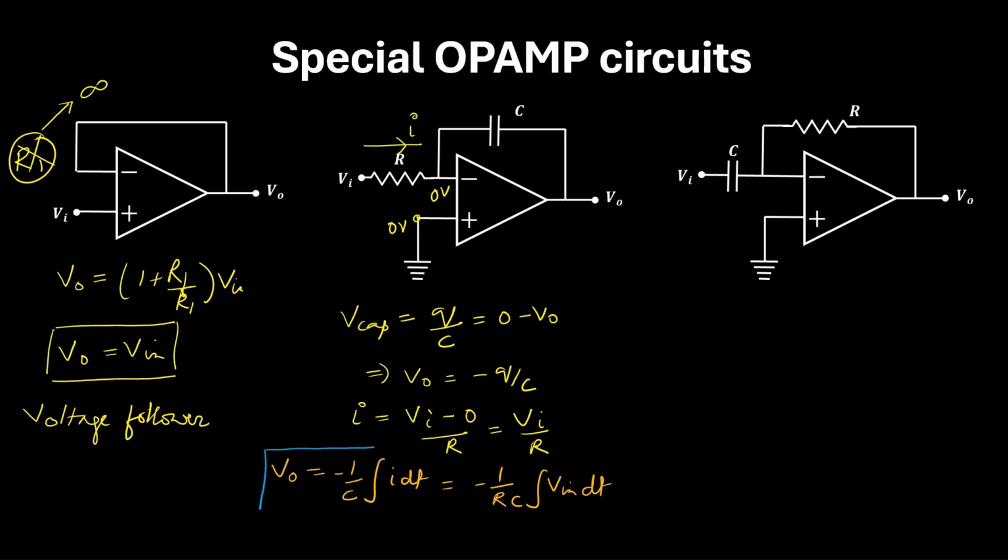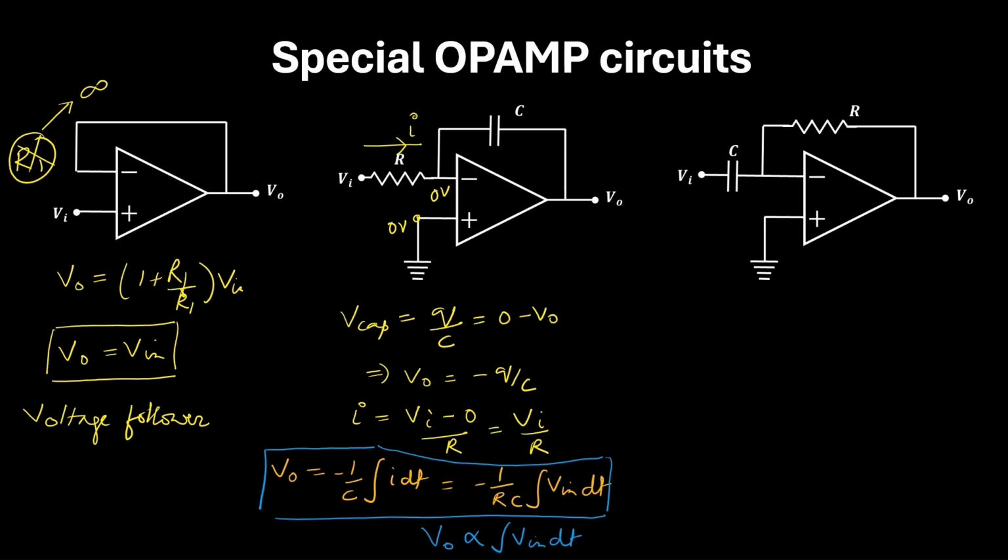Now, if we see this formula, we can say that V naught, that is the output, is directly proportional to the integration of the input. So this is basically an integrator circuit. The output will be given by the integration of the input. Now let us move on to the next circuit.